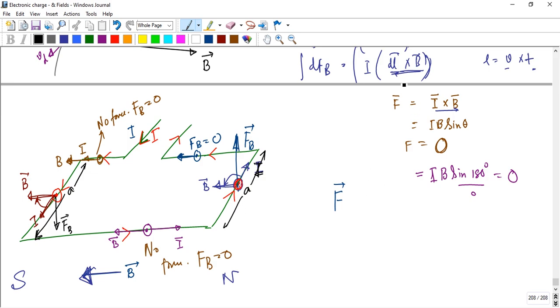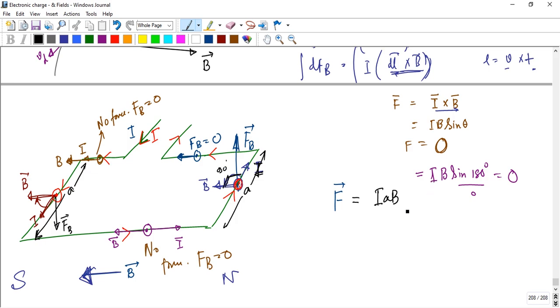So here I dL B equals I A B, and we get sine of the angle theta. Here it is sine 90 degrees, and sine 90 is 1. Force is a vector cross product, so F equals I A B sine 90, where the angle is 90 degrees, pi by 2.